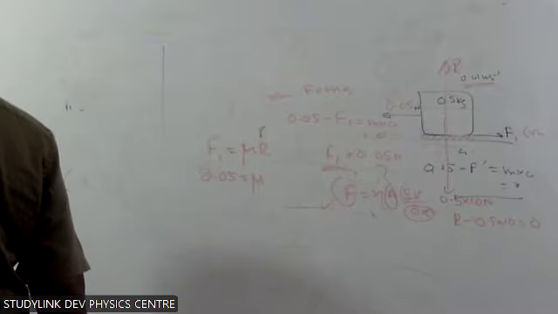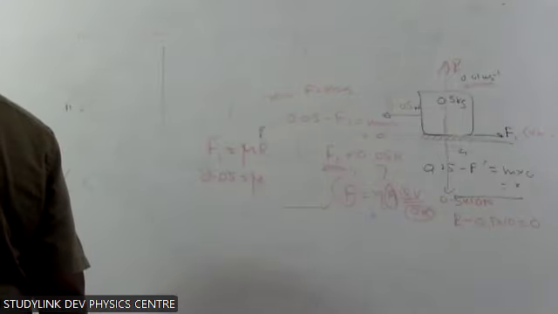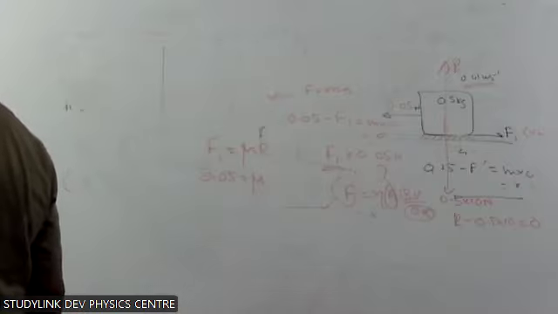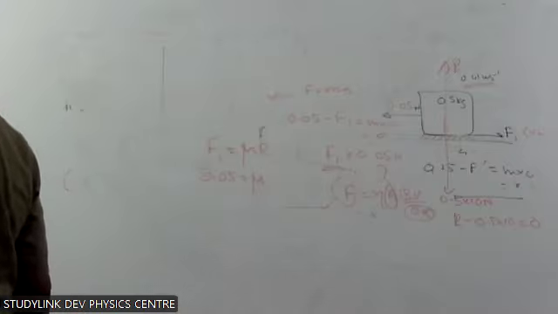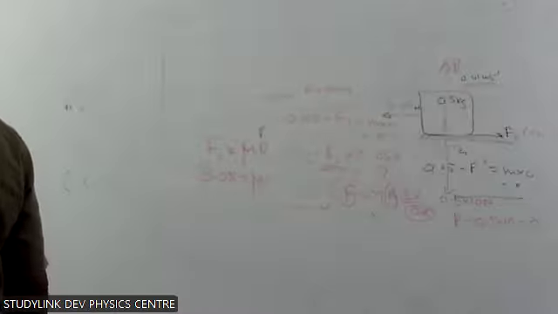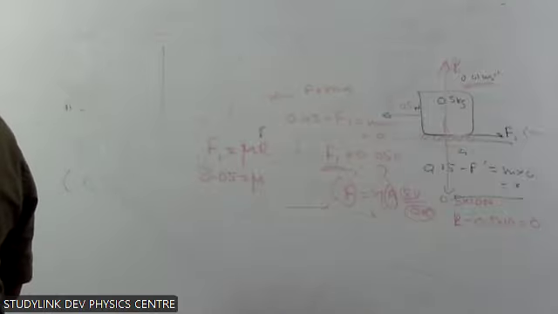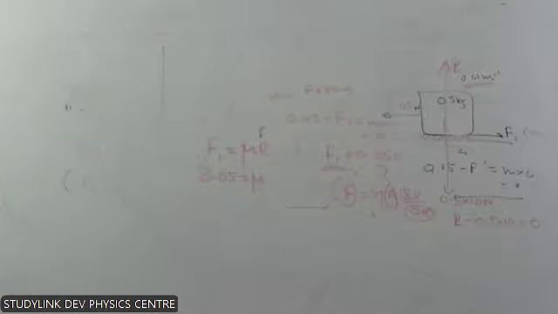Then there is another part. What is the energy that can be saved during 1 second due to the application of the oil layer? They are asking about 1 second.